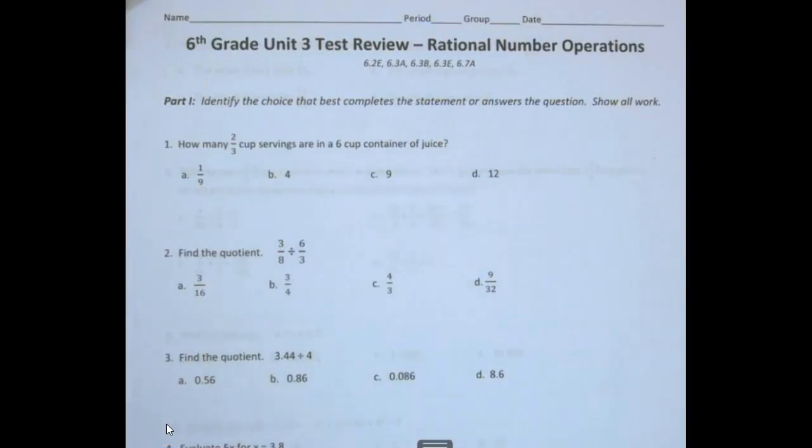Okay, this is your test review for your Unit 3 test, Rational Number Operation. So number 1, how many 2/3 cup servings are in 6 cups containers of juice?